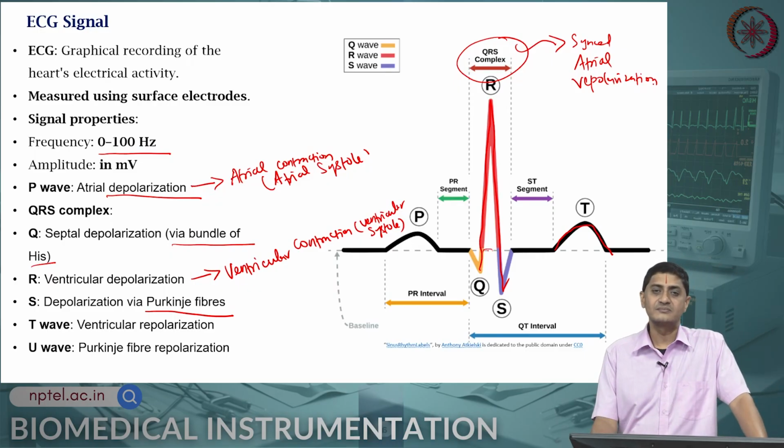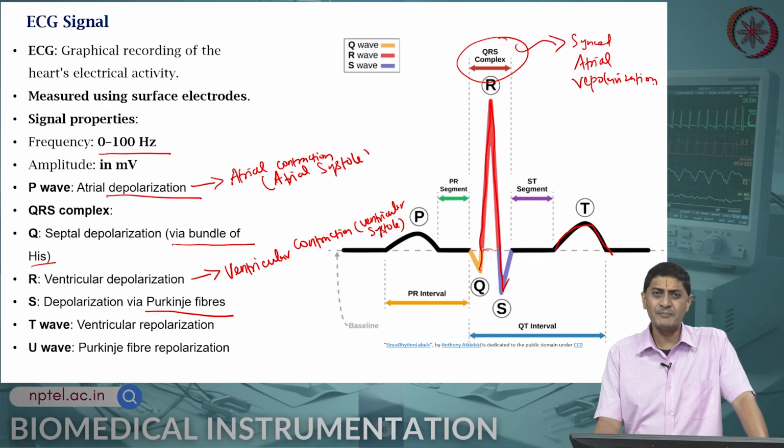Note the words DE depolarization versus RE repolarization. Atrial systole happens after atrial depolarization, whereas after atrial repolarization what you have essentially is a diastole, right. So, this PQRST is the typical ECG waveform.